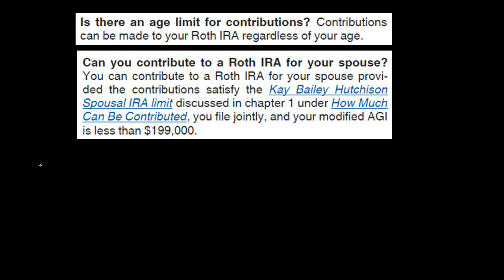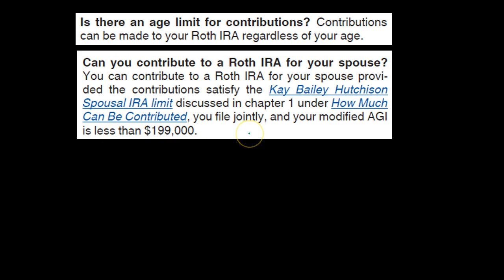It's the Kay Bailey Hutchison spousal IRA limit. Typically, we think of the IRA contributions separately and go through the rules for the husband and wife, or the two spouses, even though they're filing a joint return. But then there's this exception, under the Kay Bailey Hutchison spousal IRA limit that we took a look at in prior presentations, and if you have questions, you can go back and take a look at it.